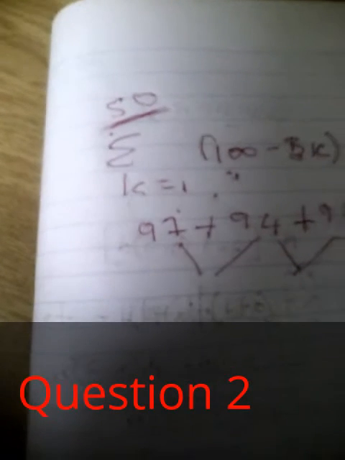So to determine the sum of this series, you know that there is a constant difference: 97 minus 94 is 3. There's a constant difference, which means we're going to use an arithmetic series.